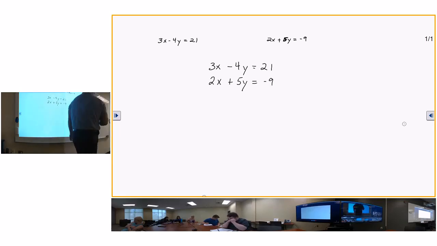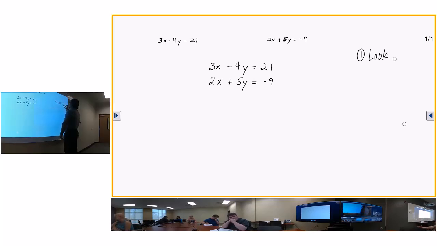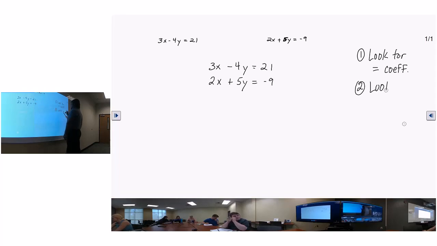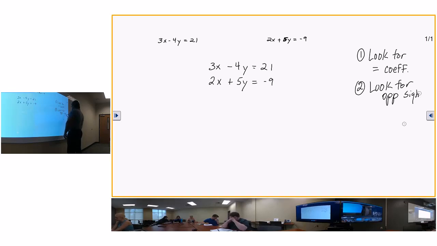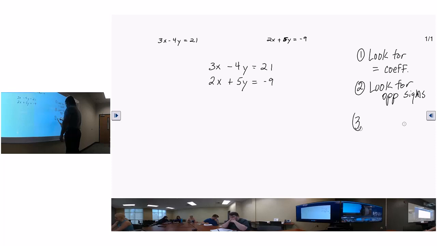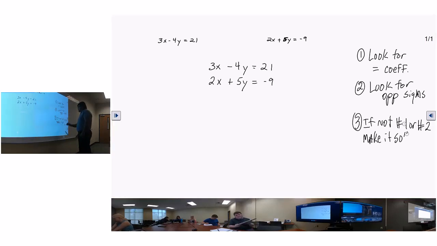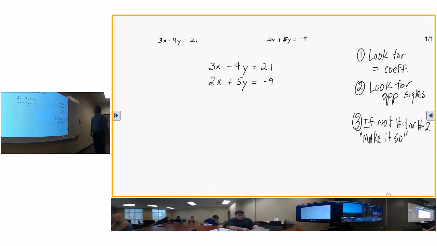Now, with elimination, you follow 3 rules. 1, look for equal coefficients. 2, look for opposite signs. 3, if not number 1 or 2, make it so. Jean-Luc Picard. Make it so.